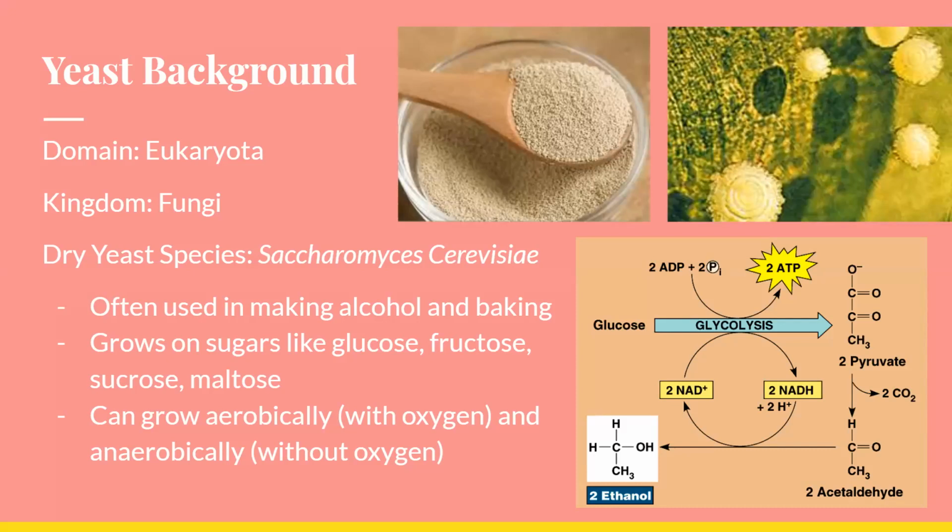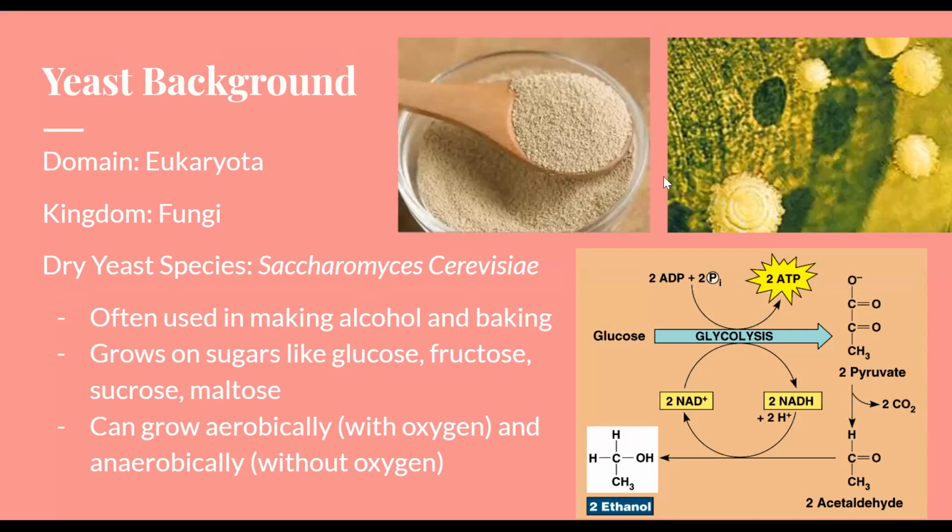Dry yeast species include Saccharomyces cerevisiae, and it's often used in making alcohol and baking, and grows on sugars like glucose, fructose, sucrose, and maltose. It can grow aerobically with oxygen and anaerobically without oxygen, as shown in the picture.